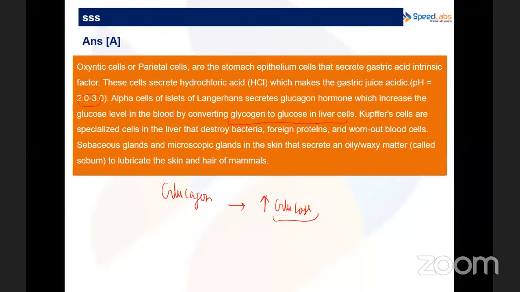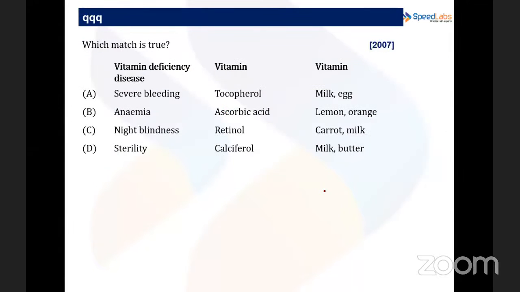Sebaceous glands are microscopic glands in the skin that secrete an oily, waxy matter called sebum to lubricate the skin and hair of mammals. Hence, option D is the incorrect statement. Now let's move to the next question, which matches vitamin deficiency disease.